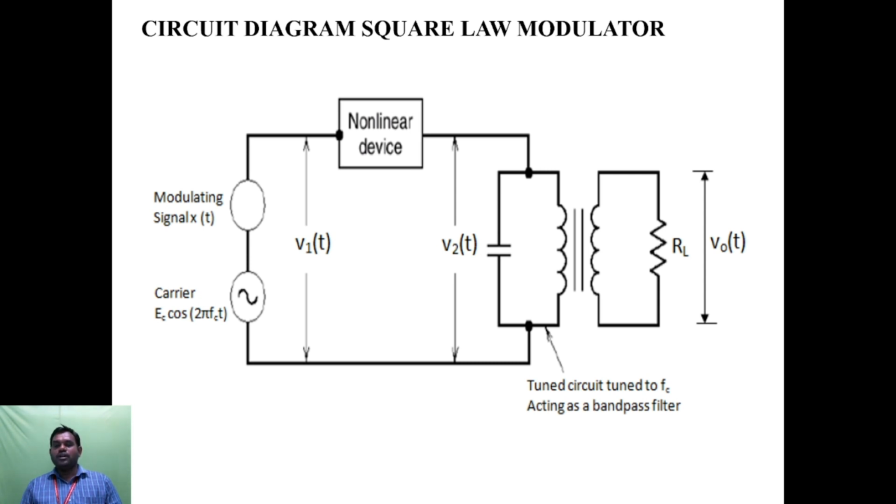The total output of the square law modulator is vo of t. v1 of t is the input of the non-linear device, v2 of t is the output of the non-linear device, and vo of t is the output of the square law modulator.